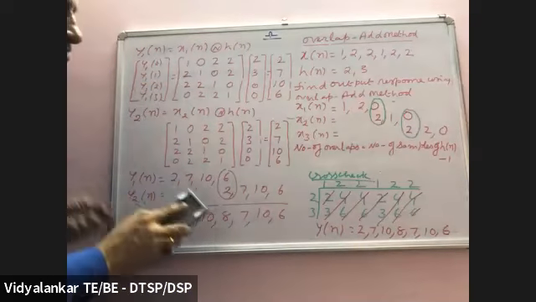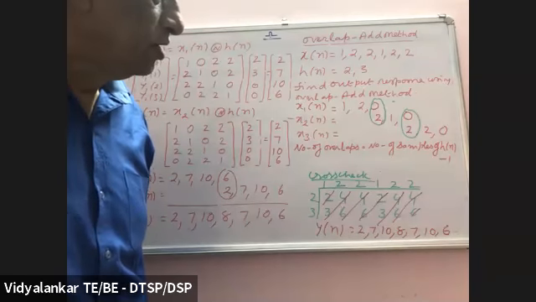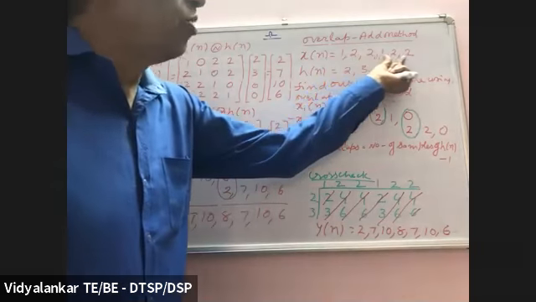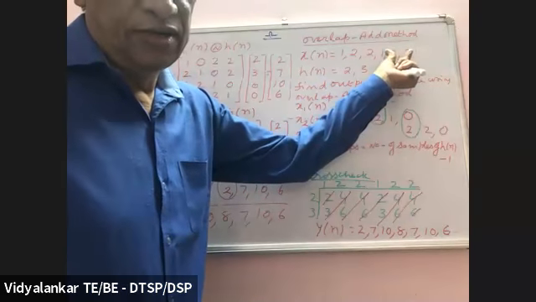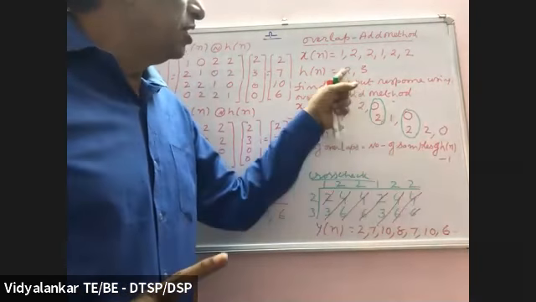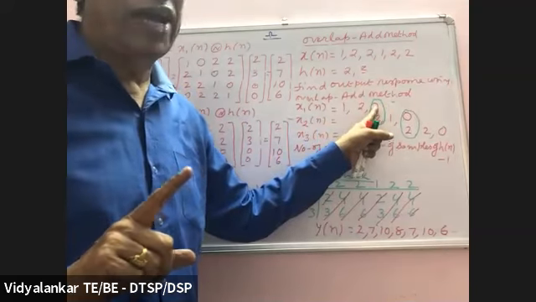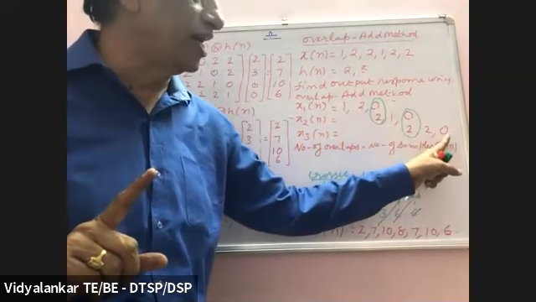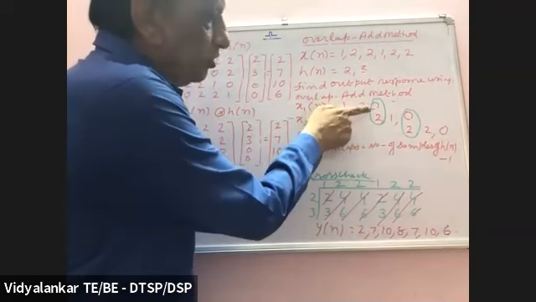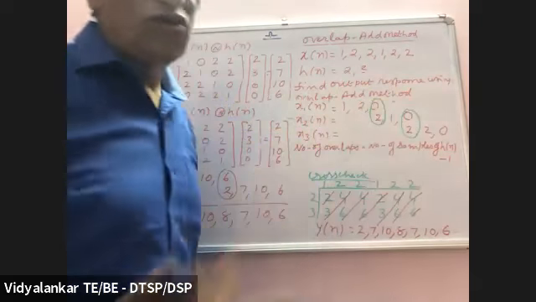Means after 1 2 we put a 0, then 2 1, and we have to split in this way, right? Means two points we have split. Here two samples are given, only one overlap. So 1 2 0 for x1, 1 2 0 for x2, 1 2 0 for x3. Therefore, whether you observe between x1 and x2 or between x2 and x3, the same one overlap is there.